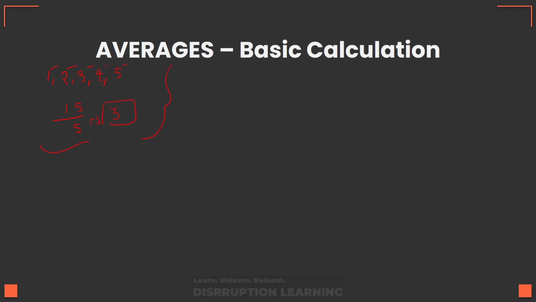One simple shortcut, or nature of averages, is that when you have a consecutive series, let's say 1, 2, 3, 4 and 5, with an odd number of terms, always the middle number is going to be the average.